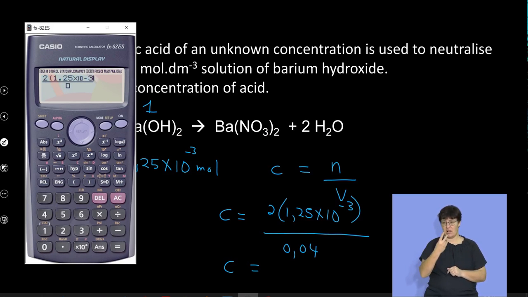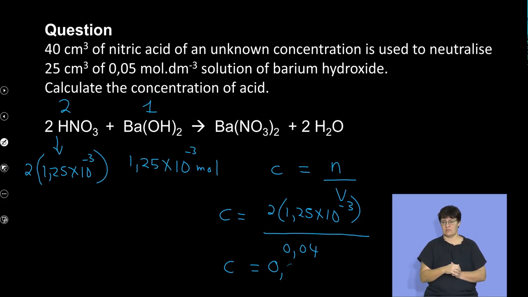We close that bracket, divided by 0.04, okay. Right, so this is the actual concentration of the acid, nitric acid, 0.0625 moles per cubic decimeter.